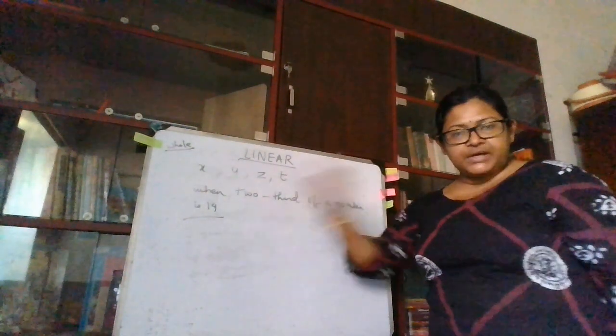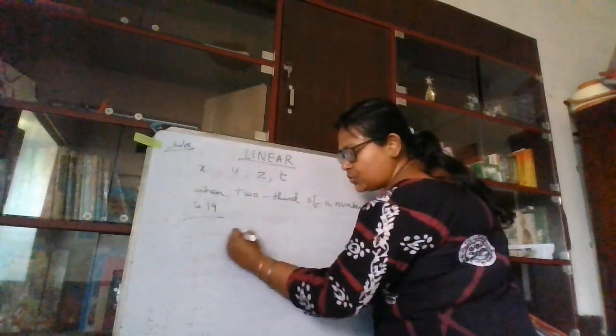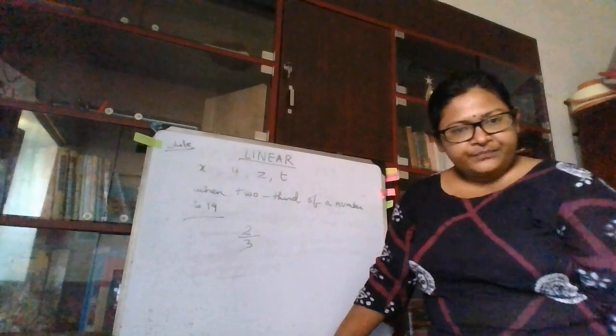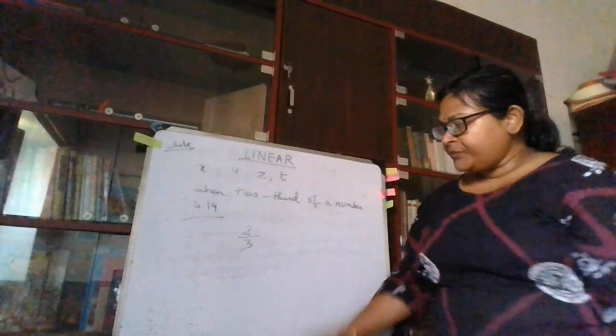What do you mean by 2/3? Can you tell me? Yes, it is 2 by 3. 2 by 3 can be written as 2/3. 1 by 4 means 1/4, a quarter, just in that way.